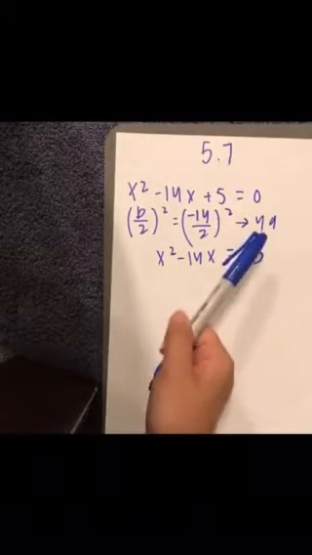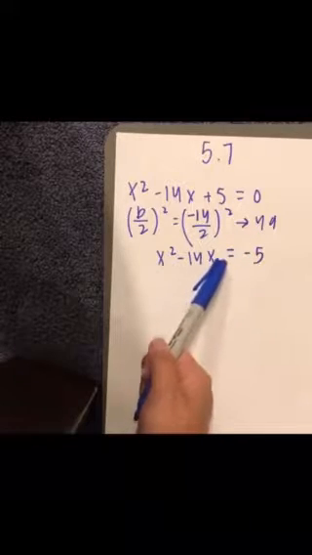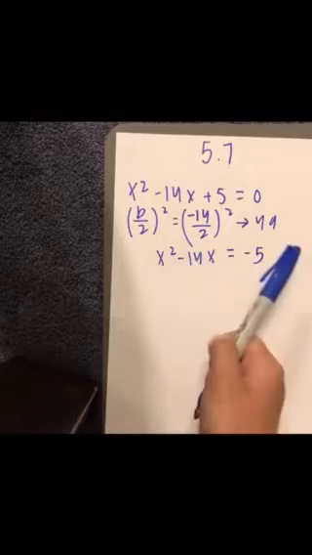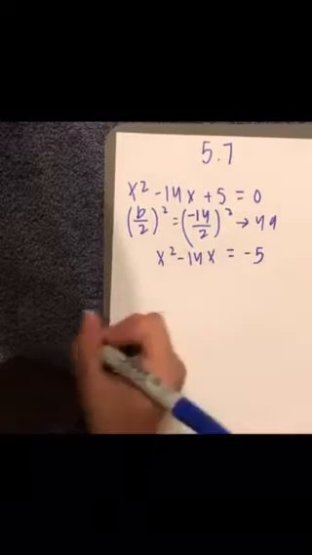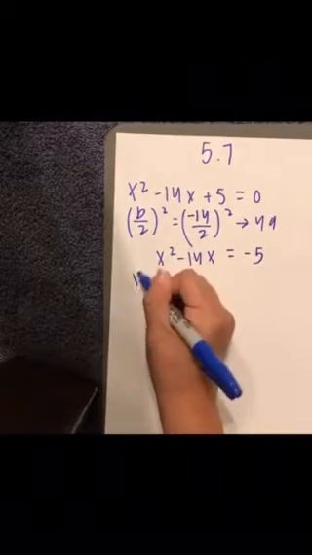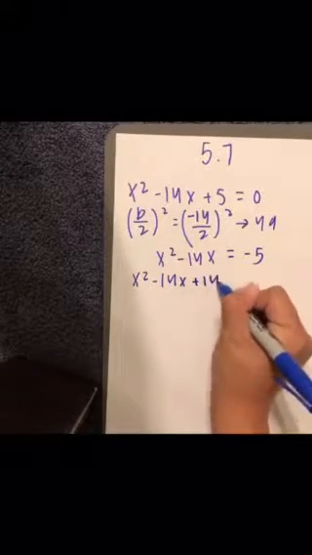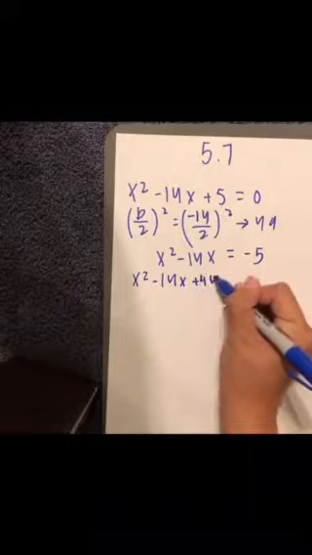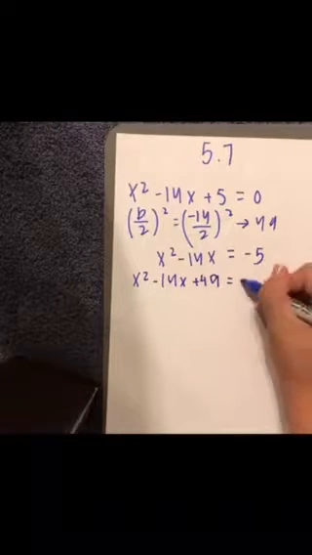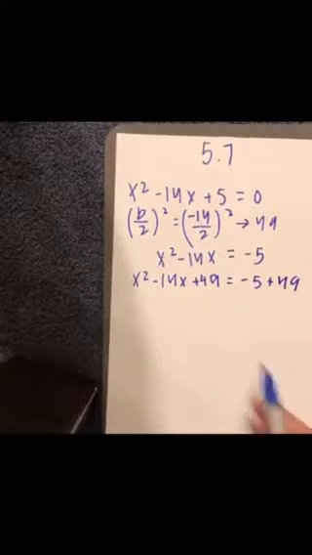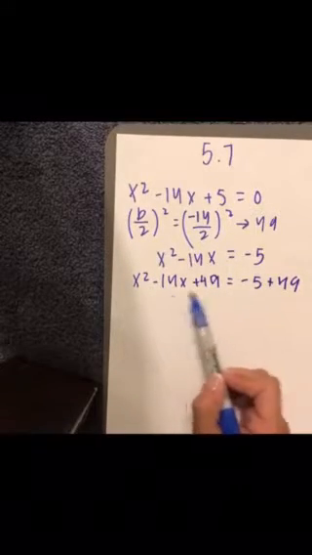Okay, so next we're going to be adding 49 to both sides of this equation to complete the square. So x squared minus 14x plus 49 equals 5 plus 49.